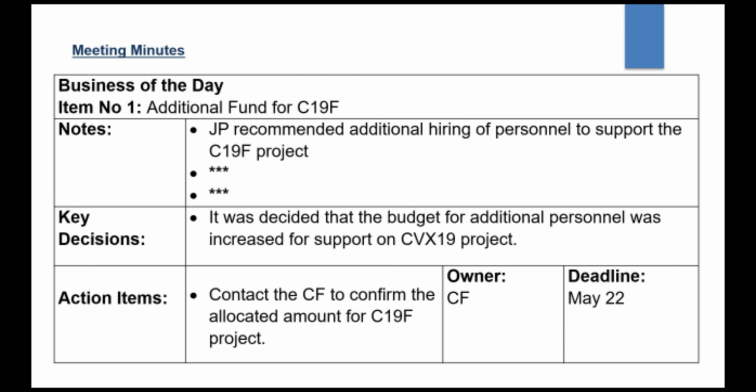For the key decisions, it was decided that the budget for additional personnel was increased for support on CVX19 project. And for action items, contact the CF to confirm allocated amount for C19F project, and the owner and the deadline of the action item.